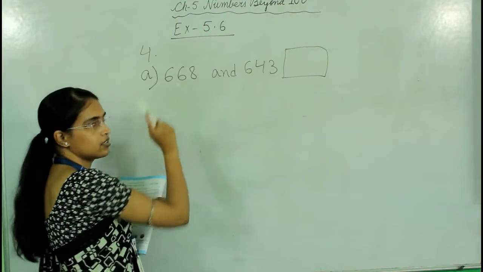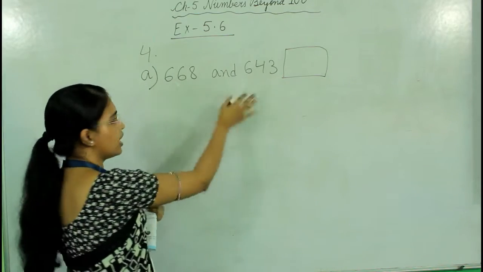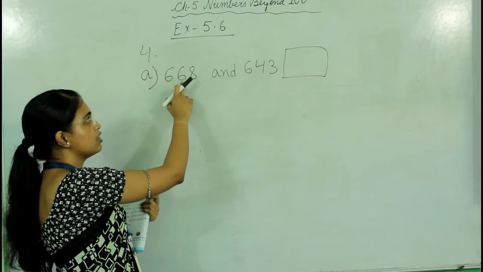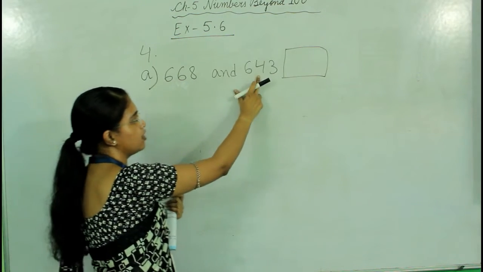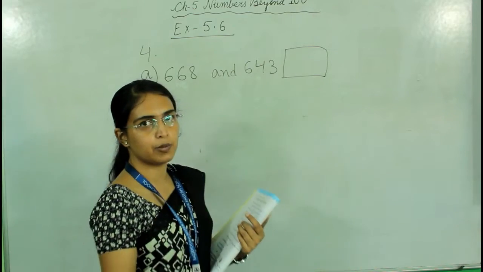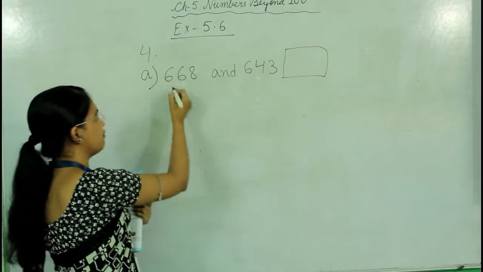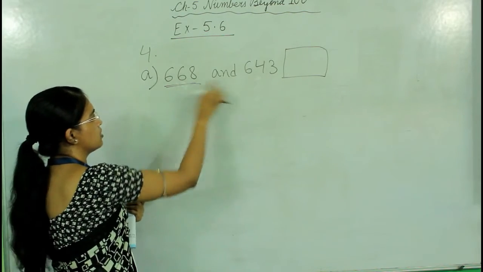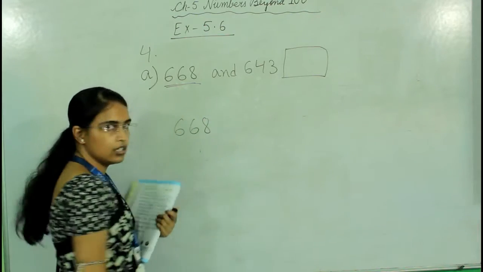Both have 6 in the 100s place, so we can't tell which one is bigger. So we will check the tens place. Here we have 6, but here we have 4. Which number is bigger, 6 or 4? Yes, 6 is bigger. That means we have found the bigger number. So which one is the bigger number among these two? 668. 668 is the bigger number.